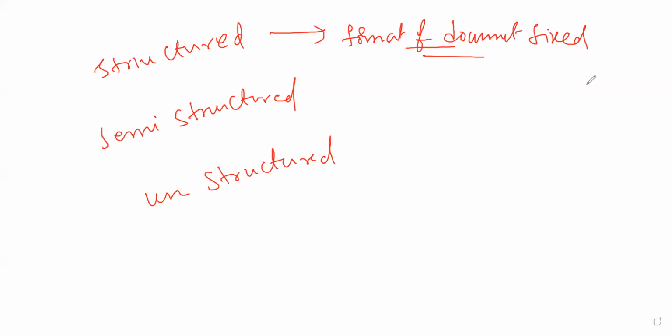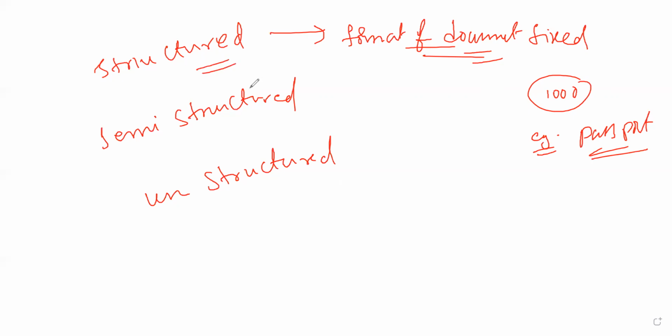Let us suppose we are getting 1,000 documents, and for all these 1,000 documents the format is completely fixed and there is no change in the format. The best example we can take is a passport. If we see the passport of any person in a country, it will be in a fixed format. So we call these structured documents.